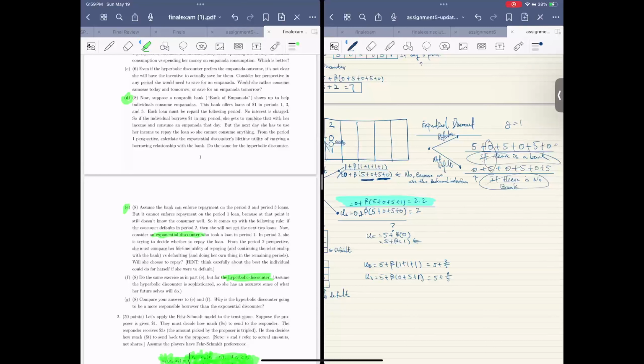But in period 2, can the exponential discounter default and game the system? So if they default, they borrowed the money in the previous period, and at this moment they're getting $1 more. If they're getting $1 more, they can choose to not consume.